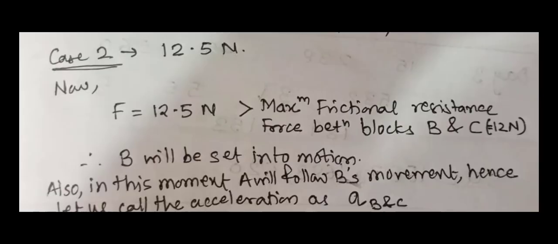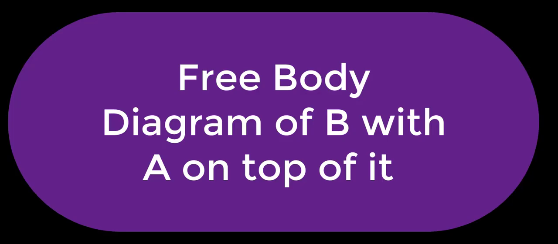So when we look at the acceleration of B and C, let us now draw the free body diagram for this particular block B along with block A on the top of it. So we will consider them together, and now this will be the free body diagram.